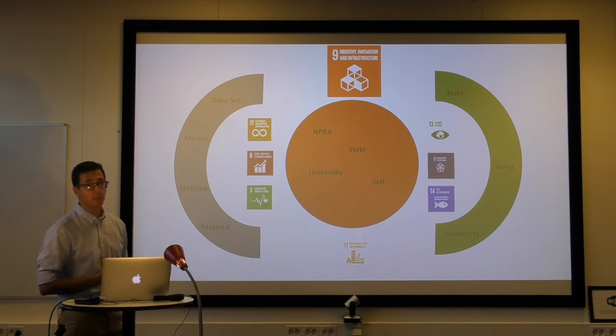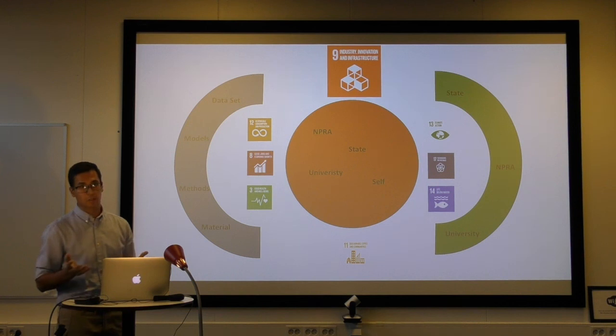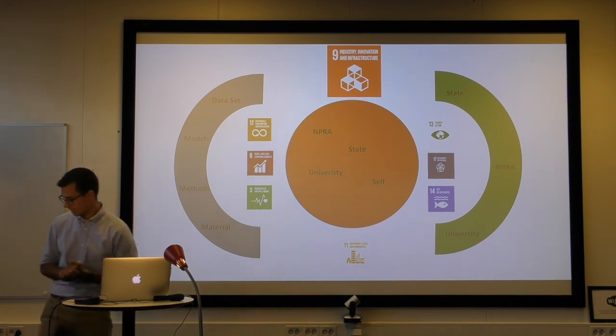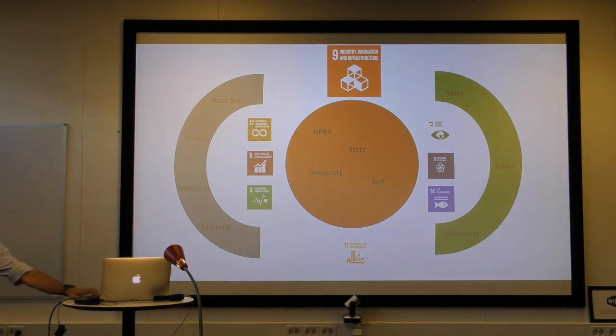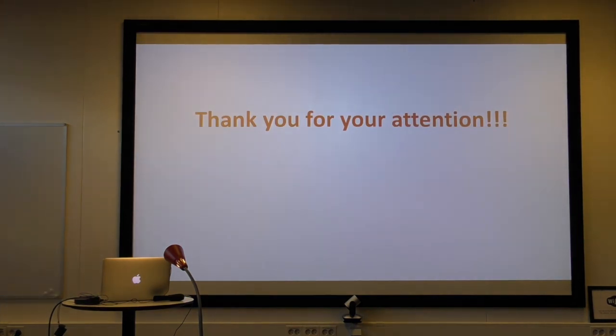But in general, it can provide a move in our society, nationwide, in how they can learn from the results if we scale it up to full scale. And at the end, thank you.